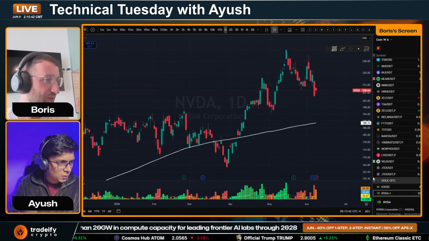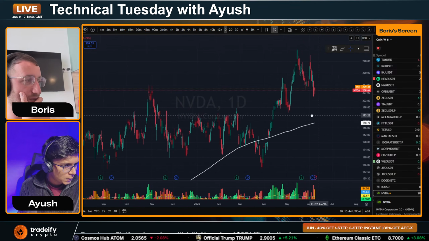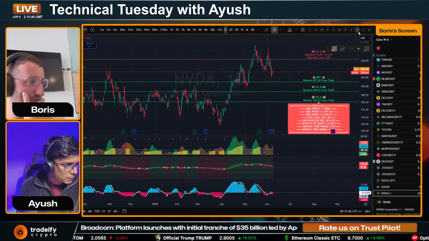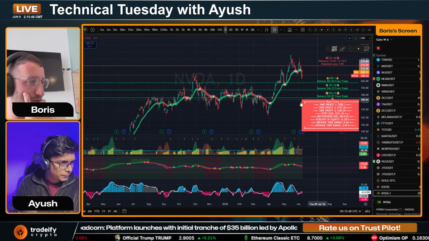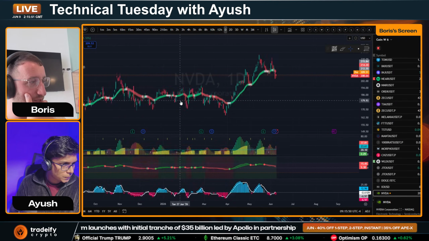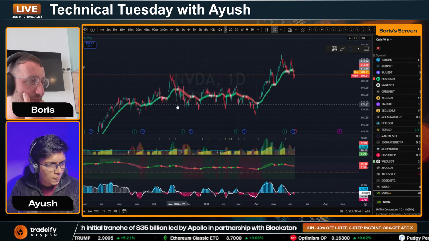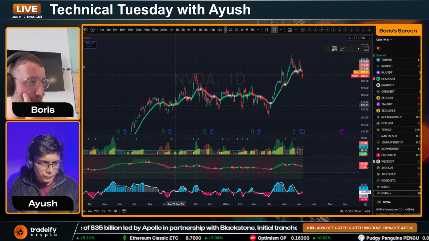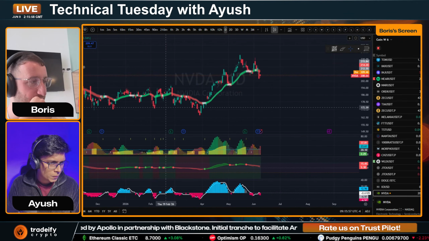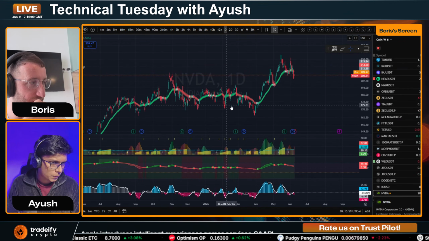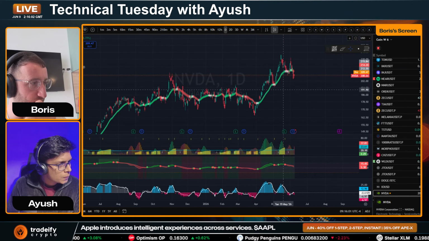I've never looked at this chart. Let's see. So for me, NVIDIA, I wouldn't do anything with this one. It looks like it topped out, but there's a lot of support here.